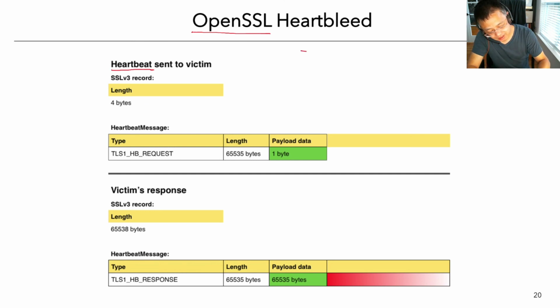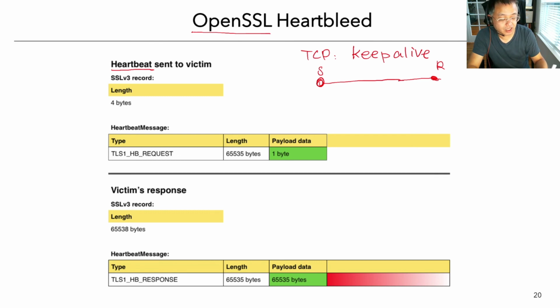In TCP, there is something similar called keep alive. Let's talk about TCP. You have a sender and a receiver, and you create a TCP connection. A TCP connection can exist for a long time.